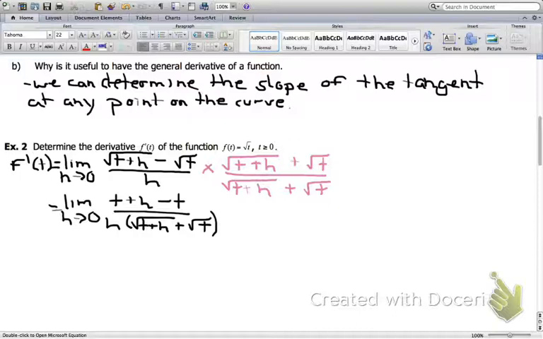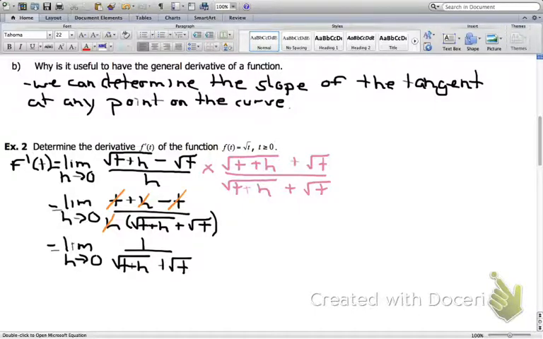Now what you'll notice here is that our t's cancel out, and we're just left with h in our numerator, and therefore those h's will cancel out in our numerator and our denominator, leaving us with the limit as h approaches 0 of 1 over the square root of t plus h plus the square root of t.